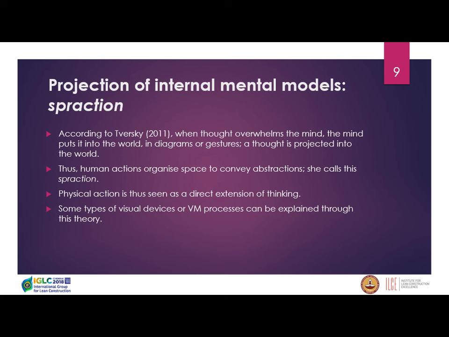And Barbara Tversky, who is one of the finest writers in science, I know. She says that when thought overwhelms the mind, it puts it into the world in diagrams or gestures. So a thought is projected into the world. Human actions organize space to convey abstractions, and she has invented a term, spraction, to convey this idea.